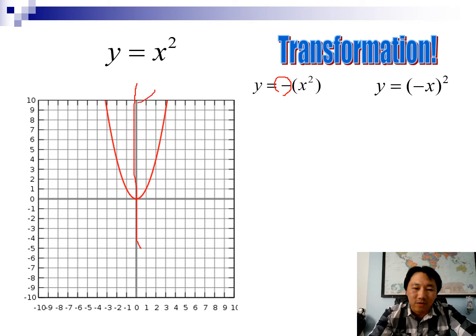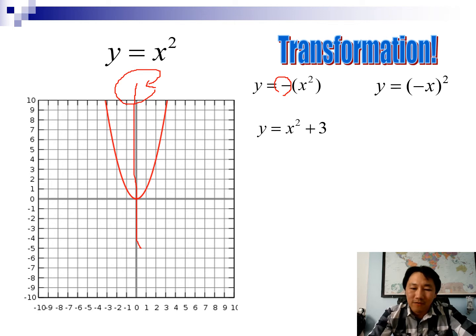If you reflect it across the y-axis, it actually looks exactly the same. So there is a transformation, you just can't see it in this particular example because it just loops around. So when it's outside the parentheses, it's reflected across the x-axis. When it's inside the parentheses, it's reflected across the y-axis.